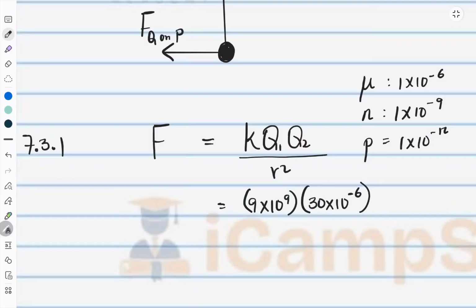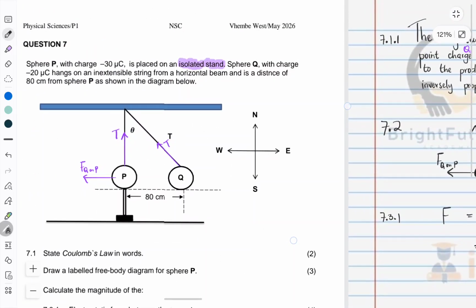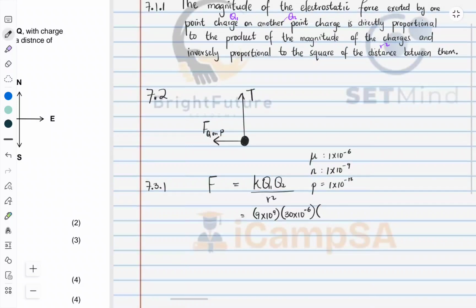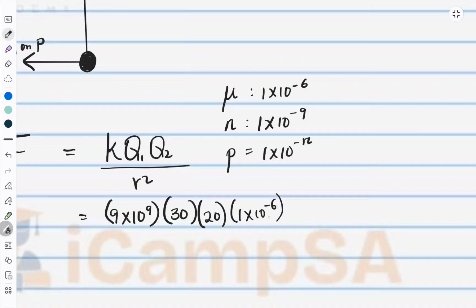All right, so Q2 will be our charge Q, which is 20 microcoulombs as well. Some people just say 30 times 20, and they multiply all of this times 10 to the power minus 6, basically. You can do that as well.